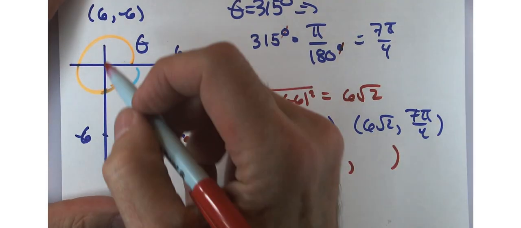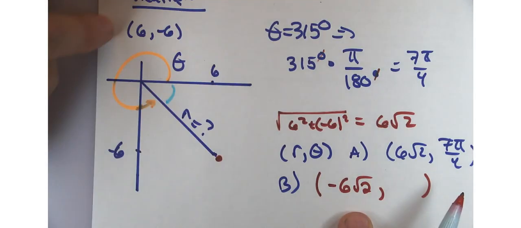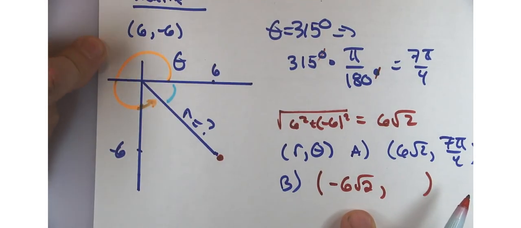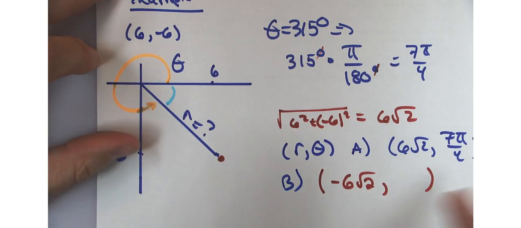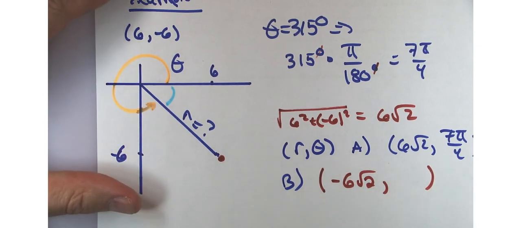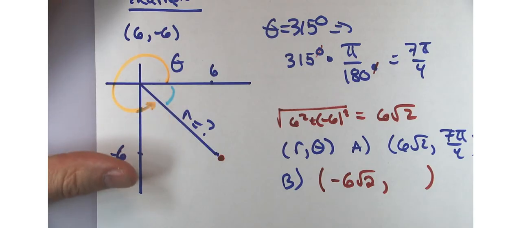So if we're going to have a negative radius, then our angle has to take us up over to here, in the second quadrant. What angle would that be? 135, good. And 135 in radians would be 3 pi over 4.